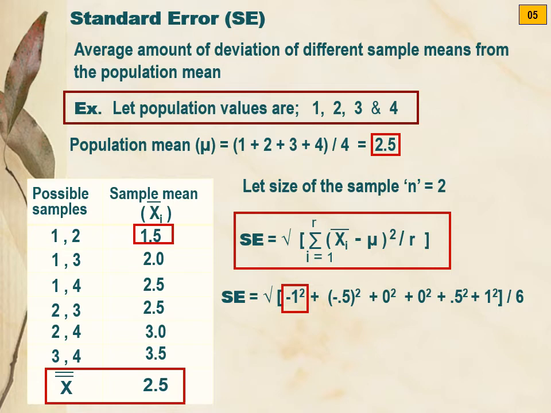Similarly, the second mean: (x2 bar minus mu) squared, where x2 bar is 2, the mean of the second sample, minus mu, the parameter value, is minus 0.5, and its square. You have to add all these. Next are 2.5, which are the same as the mean, so it will be 0, and similarly the next will be 0.5 squared plus 1 squared, and your R is 6.